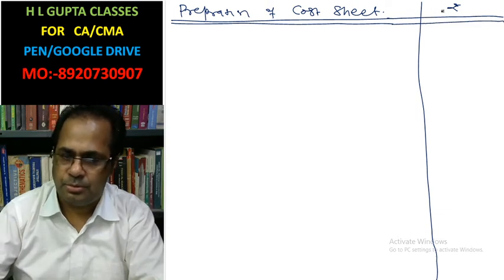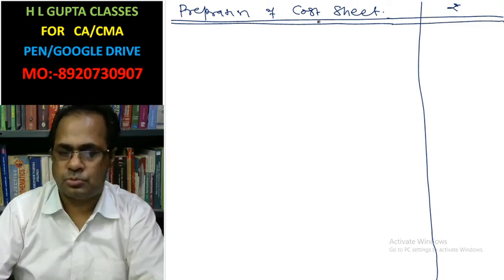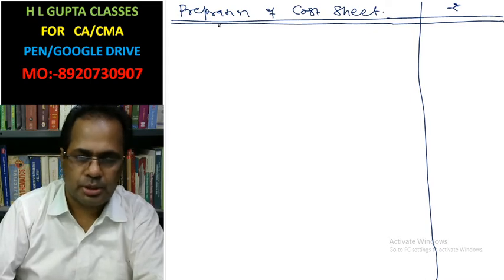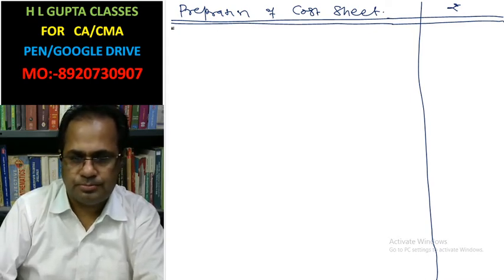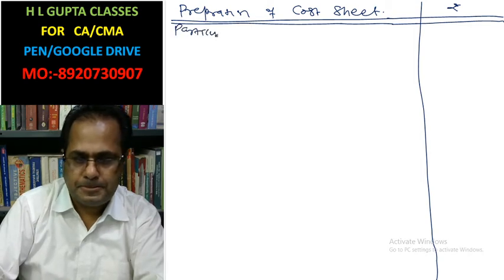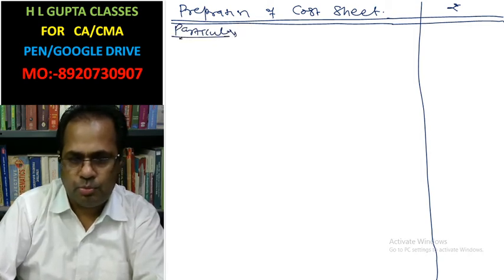This is in amount, the cost sheet. Look at it. These are the particulars.